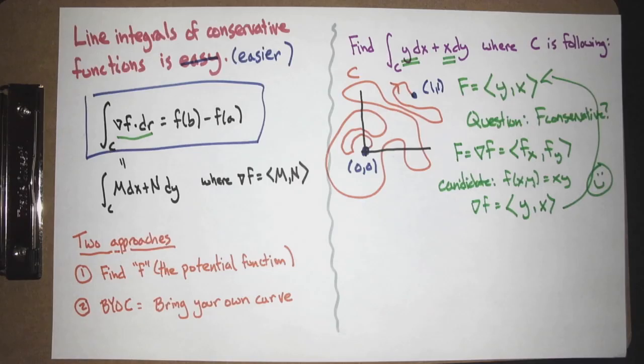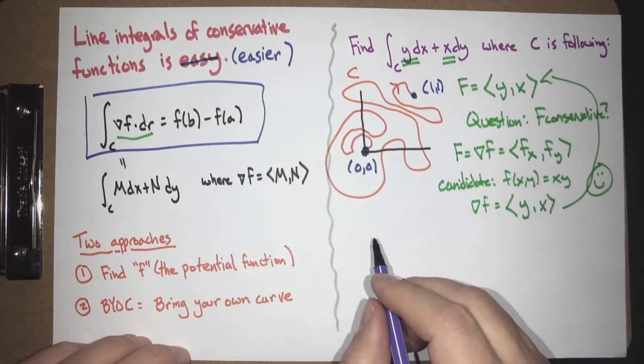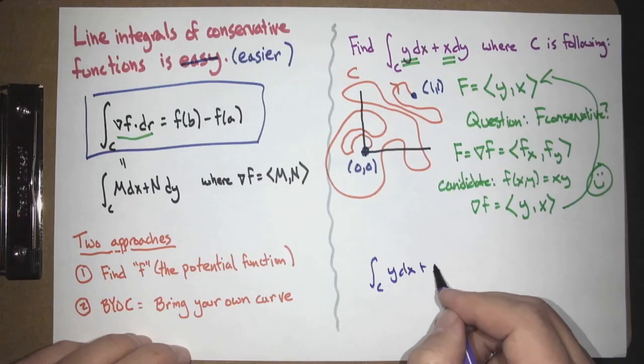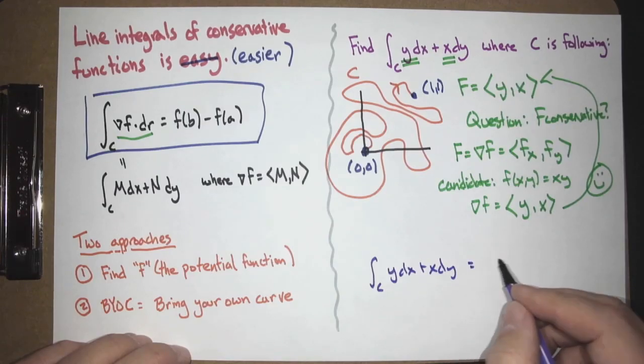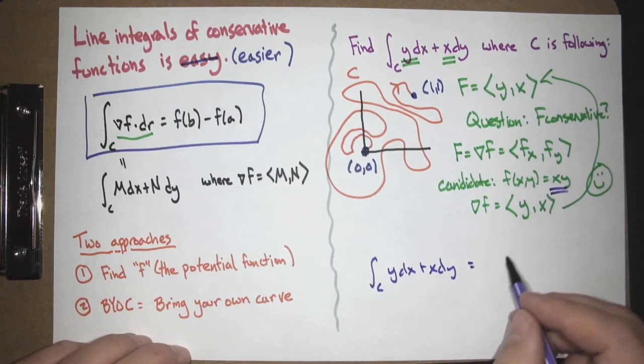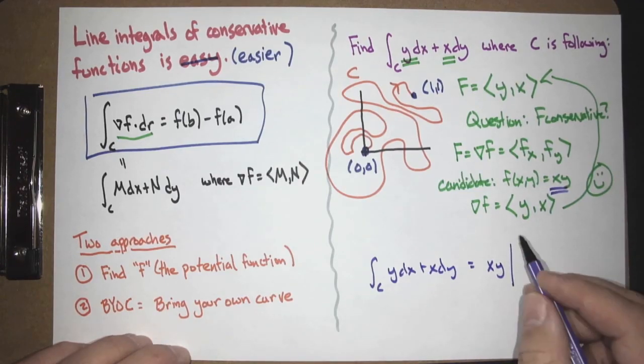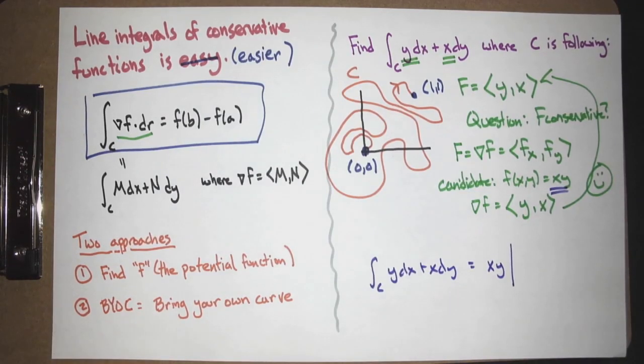Okay, so what's the punchline? We have a conservative vector field. So integration is easy in this sense. We have found the potential function. So that says that this integral along this curve, y dx plus x dy, is the potential function xy evaluated. You use your bar to mean evaluation, same thing as when you're doing integrals.